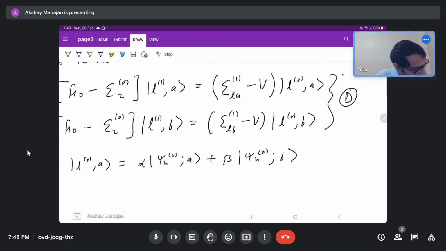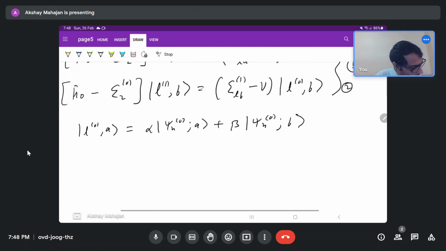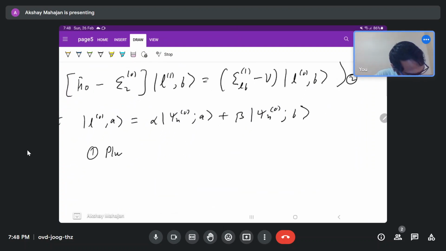Let's say this is equation number D1 and this is D2. Now plug this into D1.